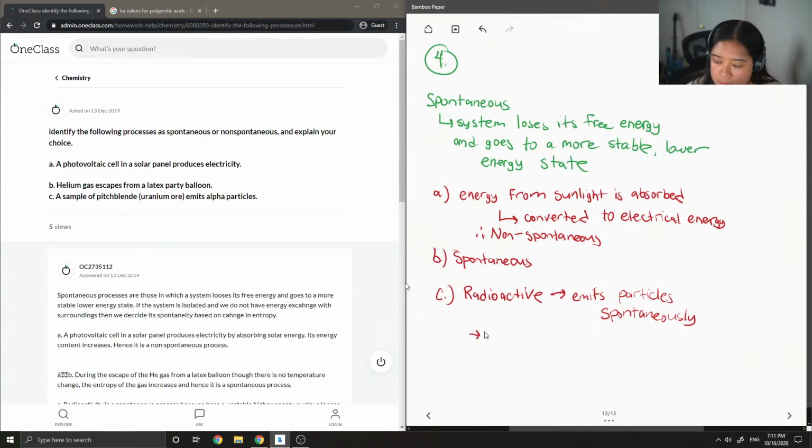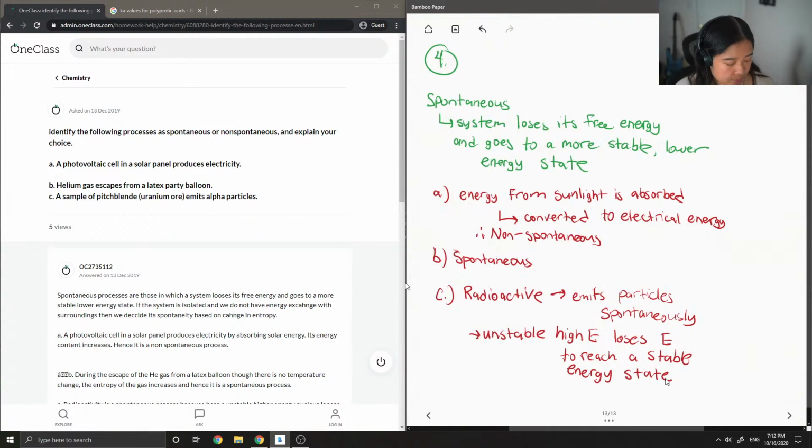Okay, so I'll just reword it as an unstable high energy substance loses energy to reach a stable energy state. So that process is spontaneous.